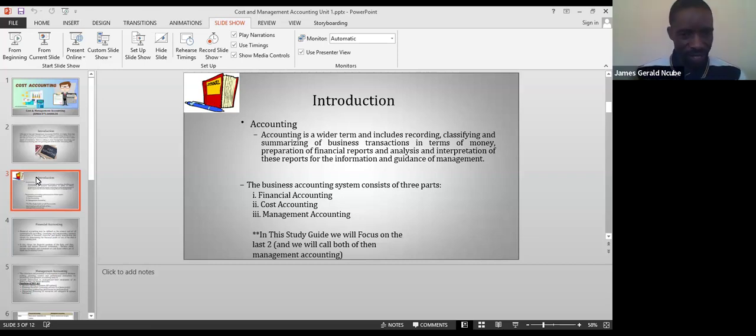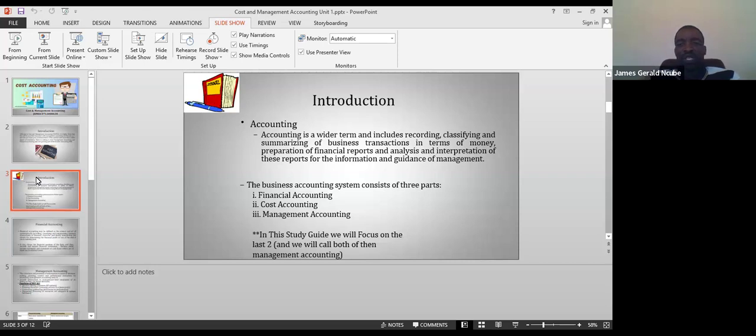Accounting is quite a wider term and includes recording, classifying, and summarizing of business transactions in terms of money, preparation of financial reports and analysis, and interpretation of these reports for the information and guidance of management. So the central key here is we want to give guidance to management.